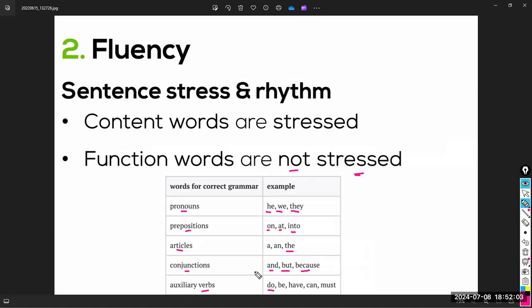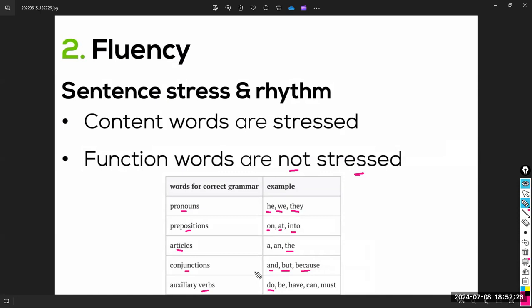If you want to ask me why, some students asked me, Malak, why the auxiliaries shouldn't be stressed. Because the listener is sure that you know the verbs, you know the auxiliaries, and you know how to use them. So it is not that important to say the verb clearly.